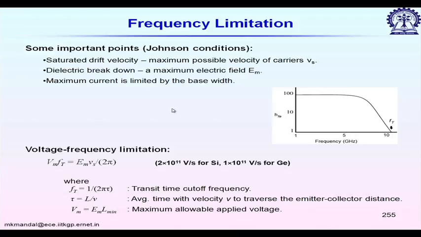Next, high frequency limitations. High frequency limitation depends on many parameters, and the conditions are sometimes called Johnson conditions. It depends on the following parameters: saturated drift velocity. Carriers inside the substrate have some velocity under a given electric field.